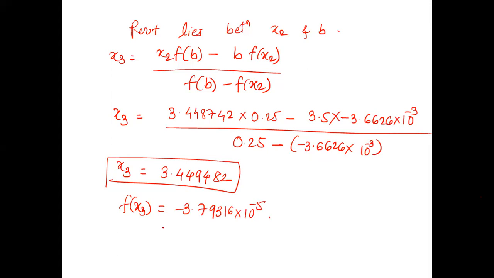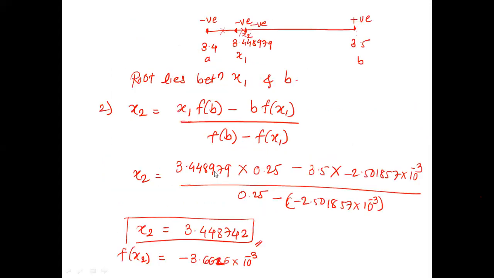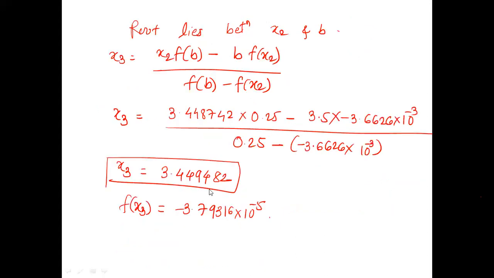Okay, so now we got 3.4494, somewhere here is your x3. For this again we got negative, right? For x3 also negative, so the root cannot be between these. So it can be between x3 and b. Therefore the root lies between x3 and b.